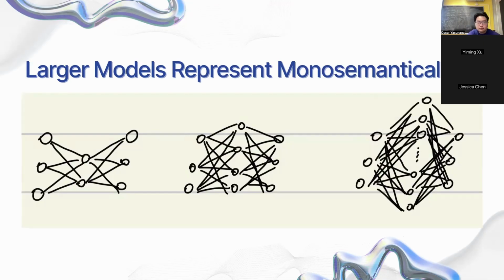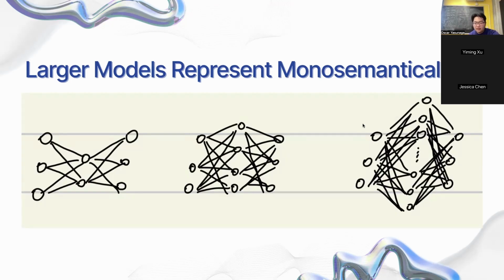Right. And so when the authors of this paper say it's features in a sufficiently large network, these larger networks have neurons that are representing the same thing as these smaller networks, but these neurons in the larger networks are just monosemantic.